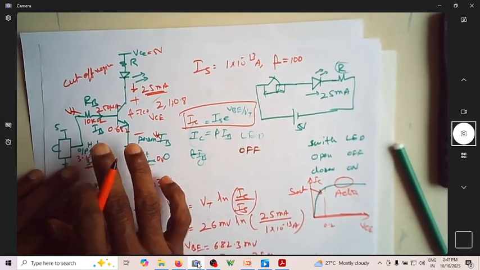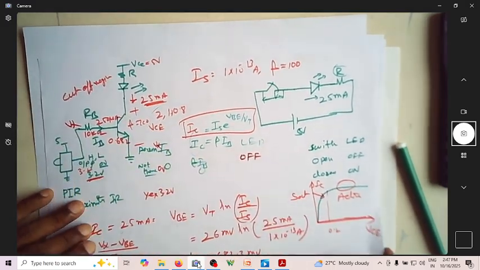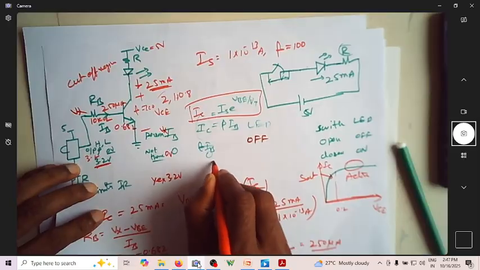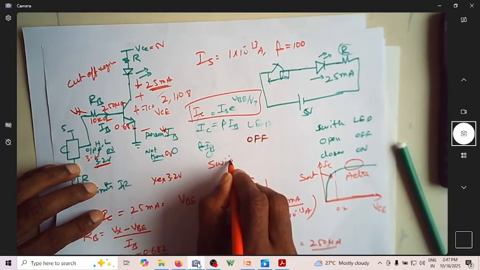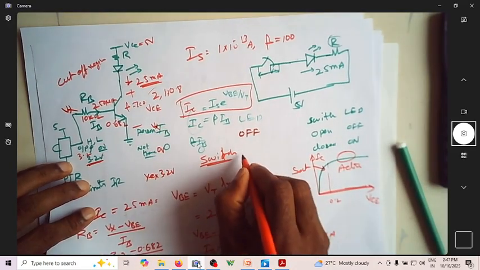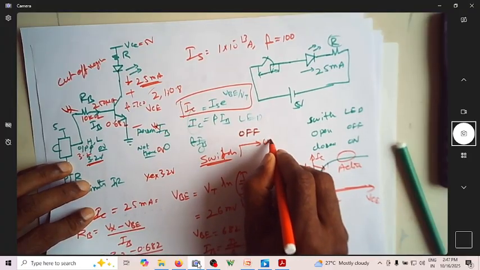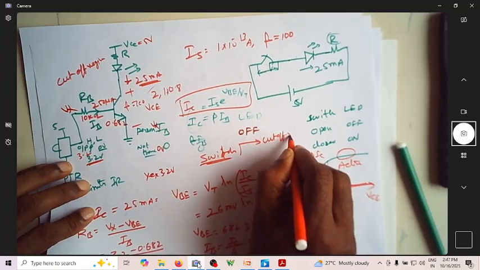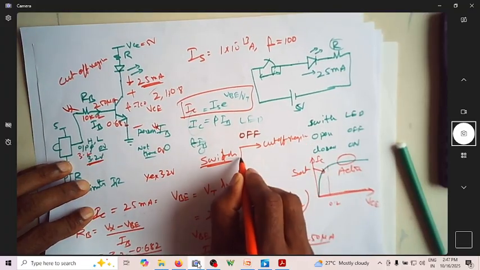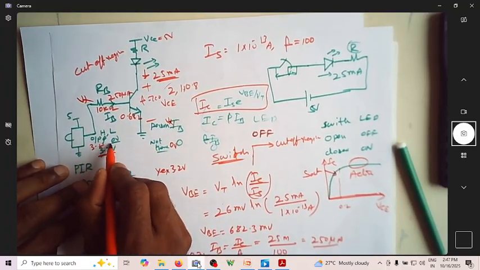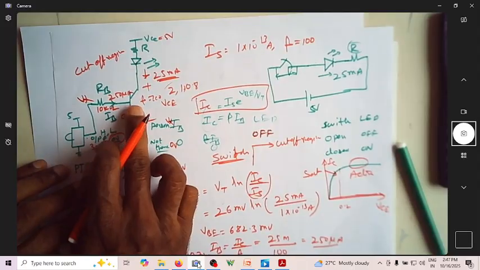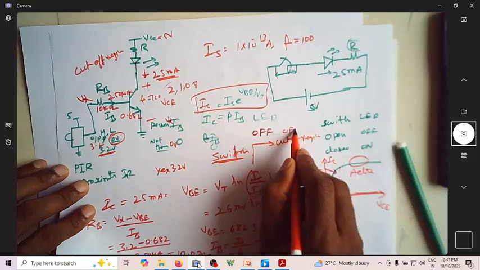So for the BJT to act like a switch, it should be in cutoff region when the input is 0. So that is the off condition.